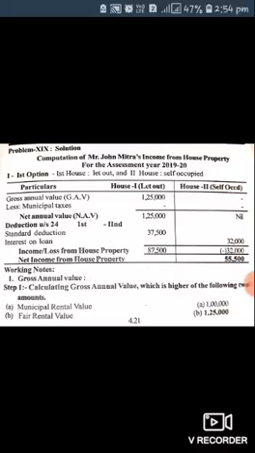From the first house, it is 8,500 income, but he has a loss from the second house. After deducting that loss from the first house, the income from house property is 55,500. Let's see the working notes. Calculating the gross annual value, the higher of the following: municipal rental value is 1 lakh and fair rental value is 1,25,000.